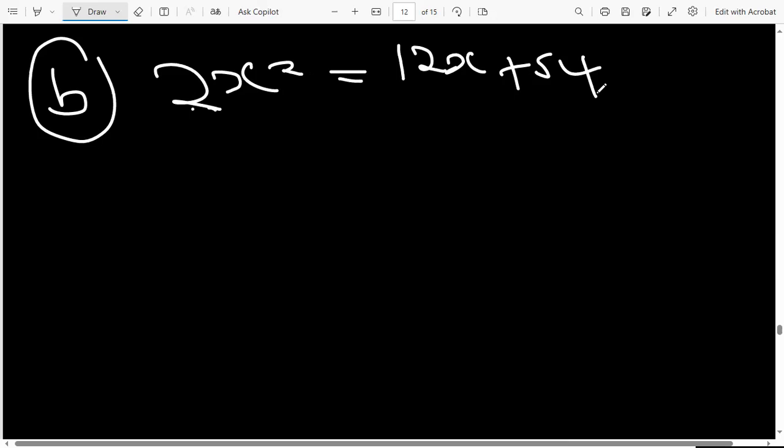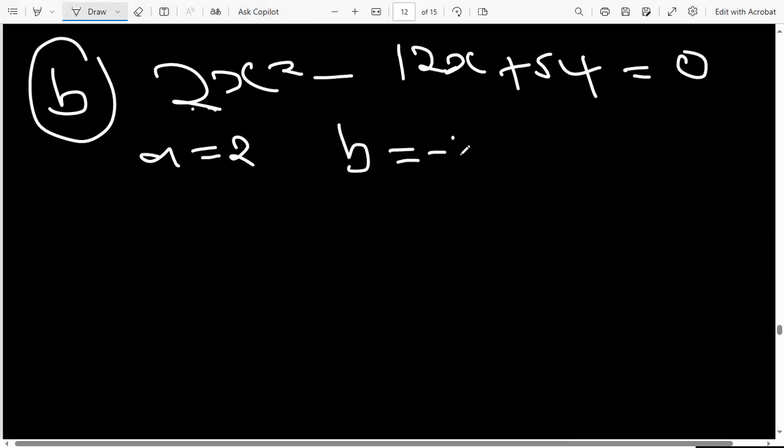I think this one is a minus. There we have 0. So this one is a minus here, it's not an equal sign. So you get your A, which is 2, your B, which is minus 12, and then your C, which will be 54.